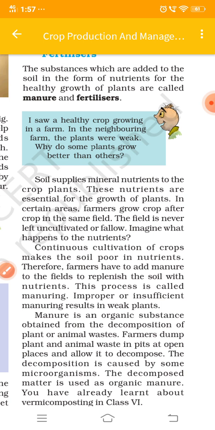So they have said, for example, I am having one land and I grow cotton there. After harvesting I'm going to grow cotton again. So this is how I'll utilize that land for cotton. Continuous cultivation of crops makes the soil poor in nutrients. Yeah, because of course, when I first cultivate, the soil is very rich in nutrients.